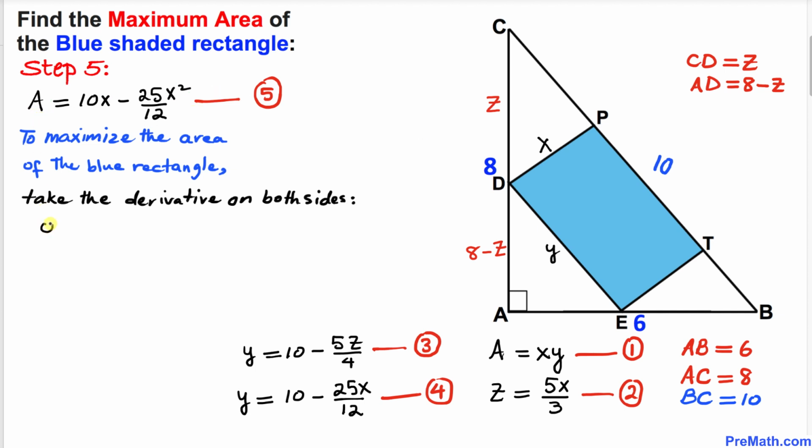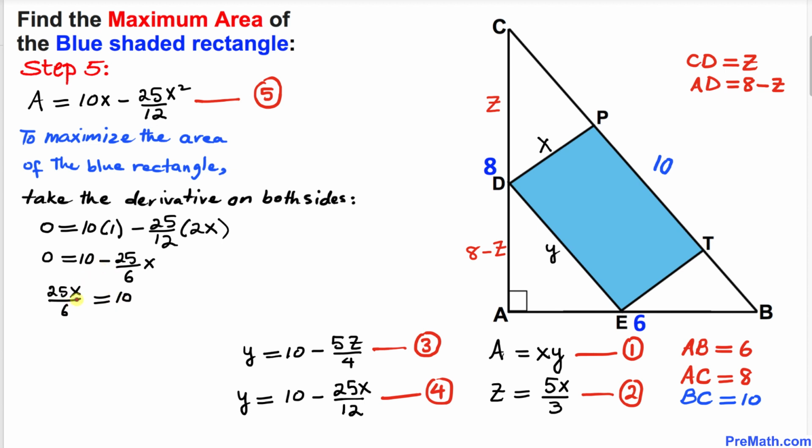On the left hand side is going to be 0 equals 10 times 1 minus 25 divided by 12 times 2x. And now let's move this negative 25 divided by 6x to the left hand side. So we are going to have 25x divided by 6 equals 10.